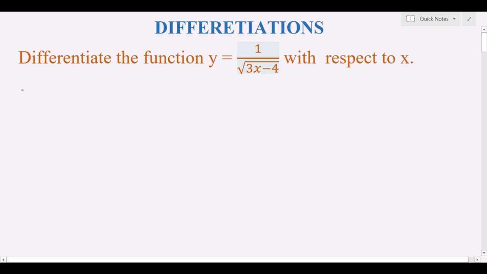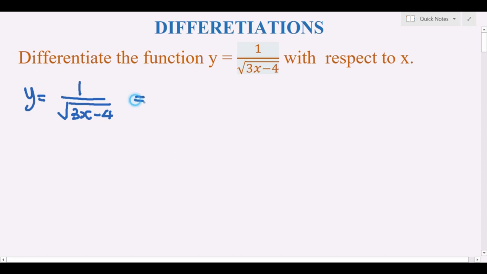Okay, this is: differentiate the function y is equal to 1 over the square root of 3x minus 4.